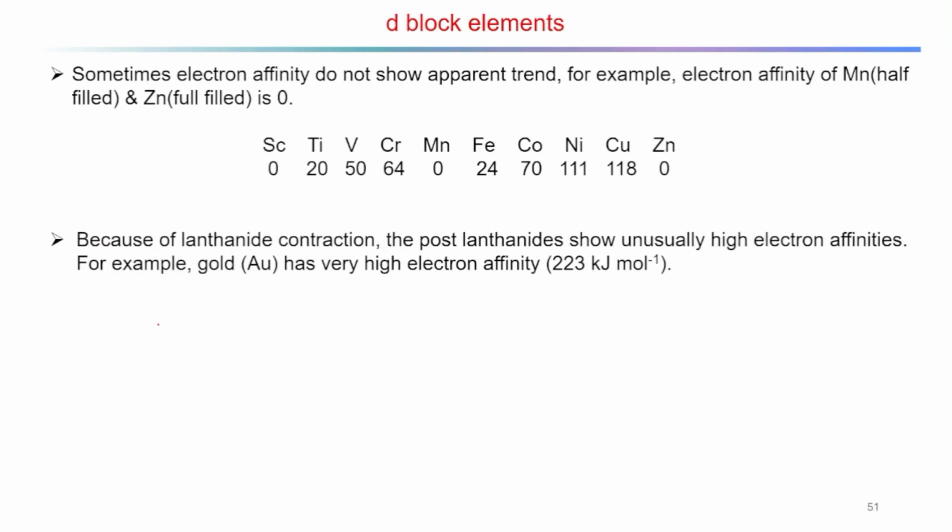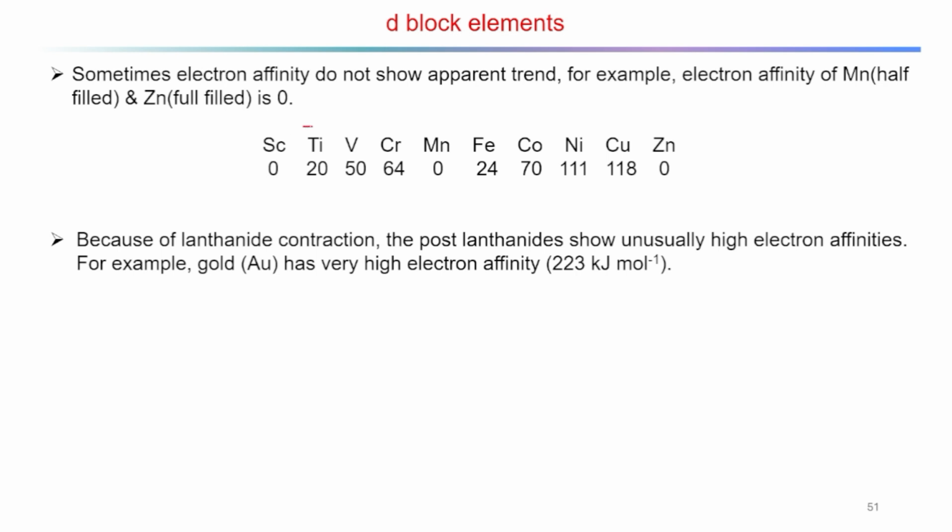Now we will see in case of d block elements. Sometimes electron affinity does not show an apparent trend. For example, the electron affinity of manganese, which is half filled, and zinc, which is fully filled, is 0. This is the electron affinity data for d block elements. We said that along the period, from left to right, the electron affinity increases, right?